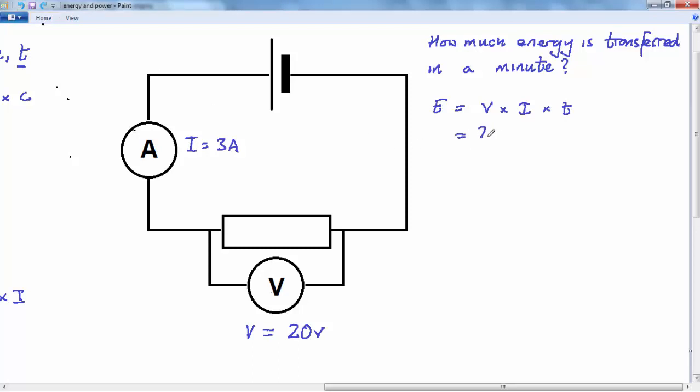So that would be 20 volts multiplied by 3 amps multiplied by 60 seconds, which would be 3,600 joules.